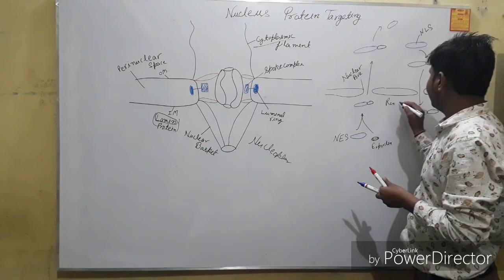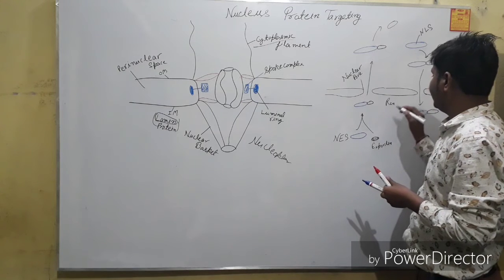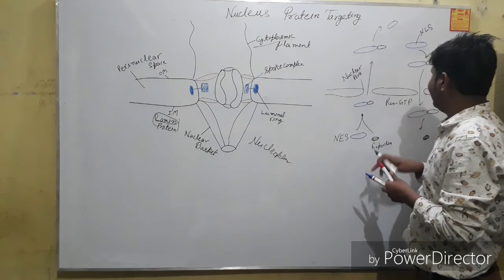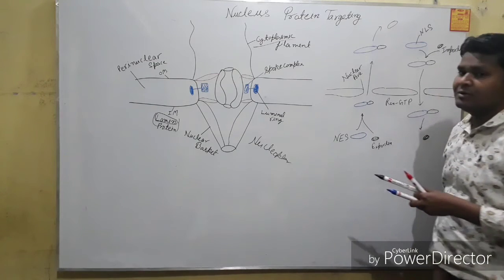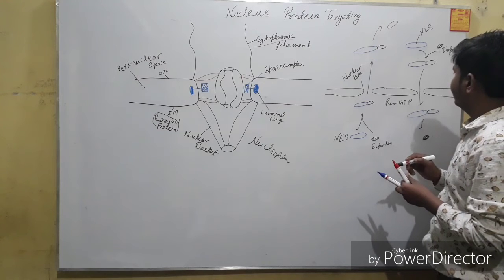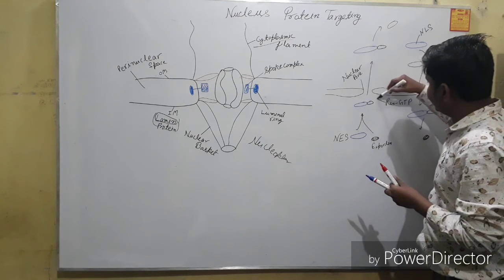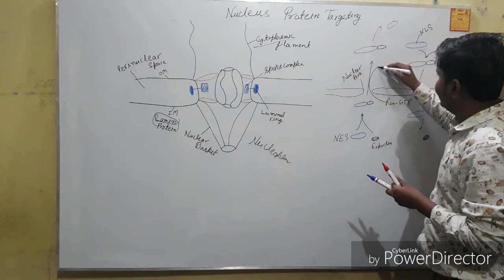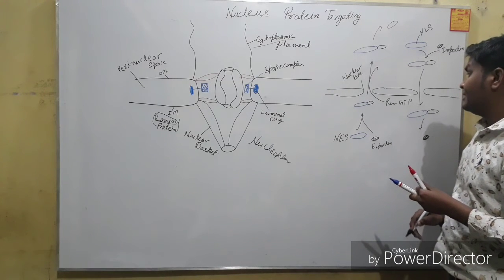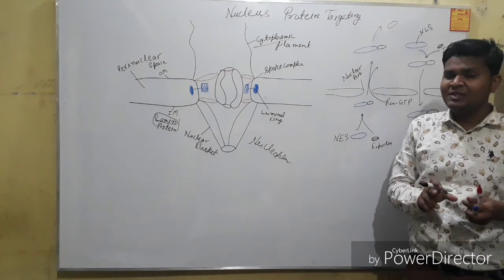The concentration of RAN with GTP is high inside the nucleoplasm, and it helps in exportation with the hydrolysis of GTP.